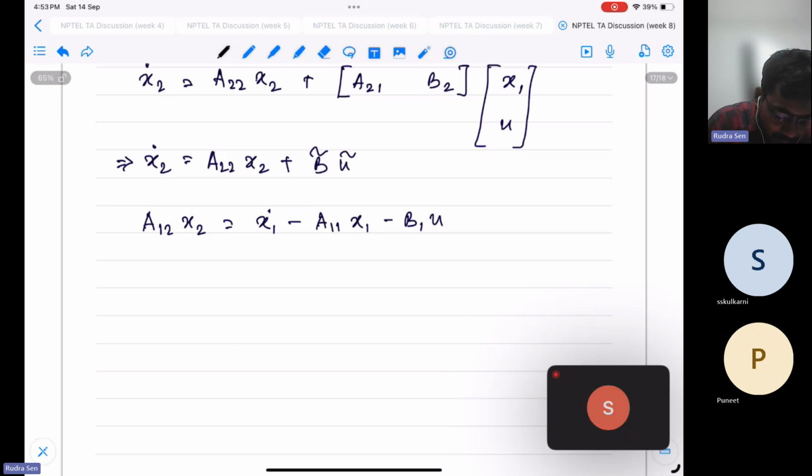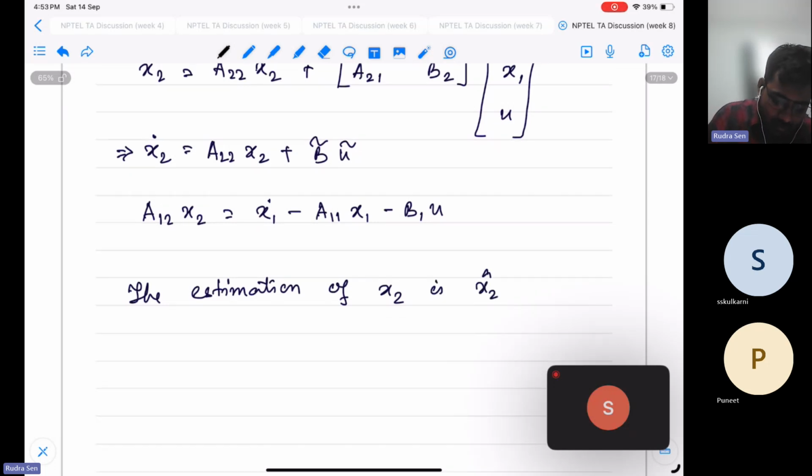So what is the observer dynamics? The estimation of x2 is x2 hat.